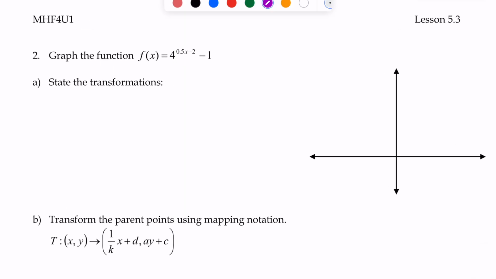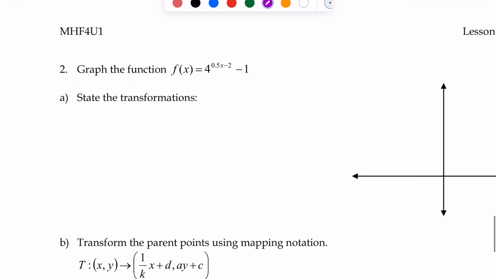So we're graphing f of x, which has the base 4 being put to the power 0.5, x minus 2, and then subtracting 1. So let's state the transformations. But this one's a little tricky because up top here, we now have this k value. But notice how you don't see any brackets here, all right? Always remember that if you have a k value here, you should see brackets. So I can't just put brackets like that and call it a day.